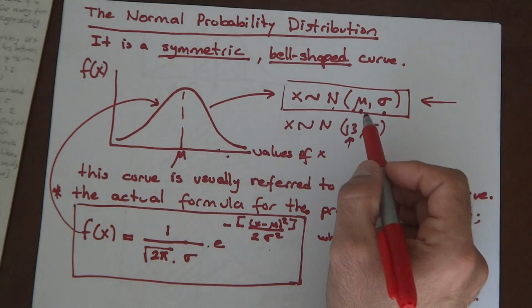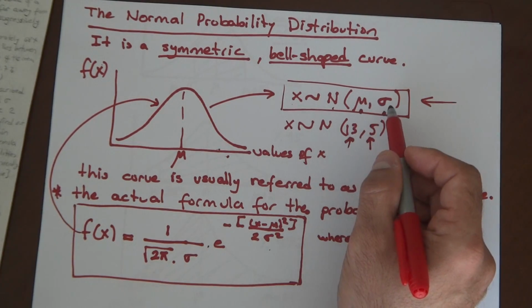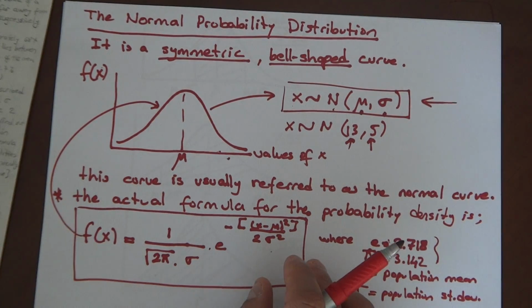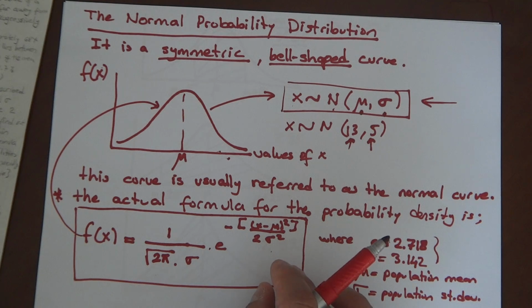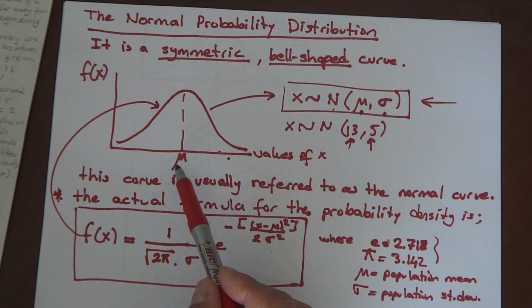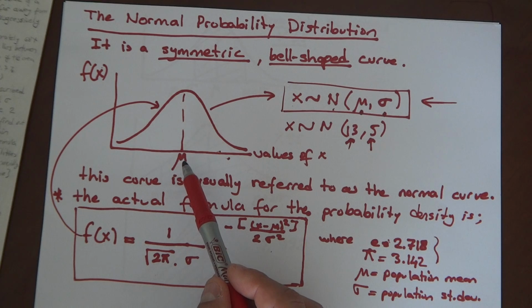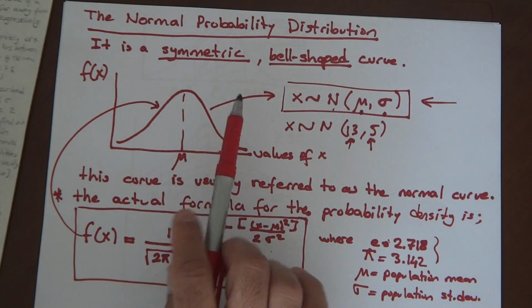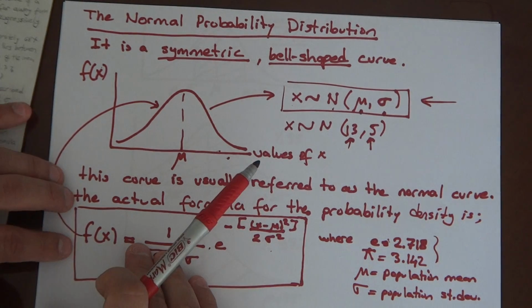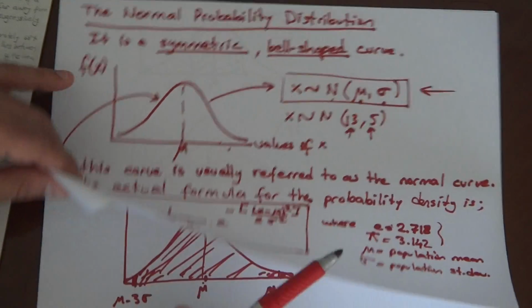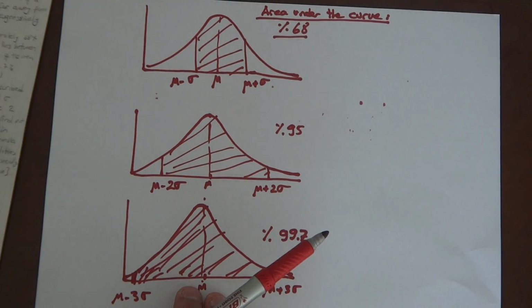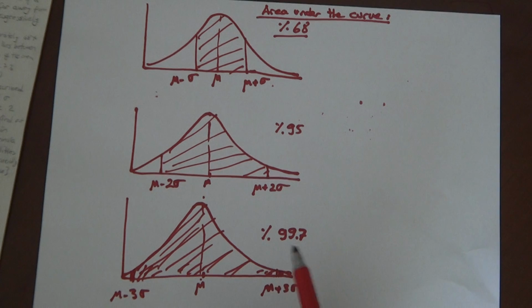These two parameters must be given. Otherwise, we cannot specify the normal distribution. In the center, we have the population mean, and this is a symmetric bell-shaped curve.